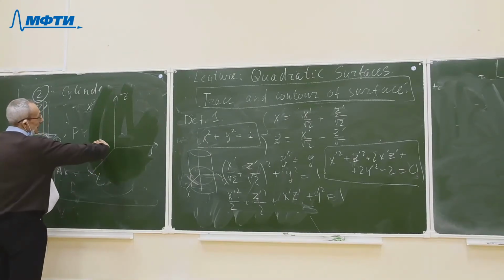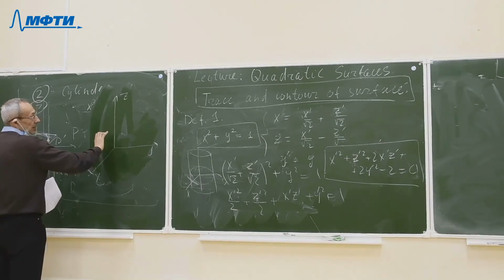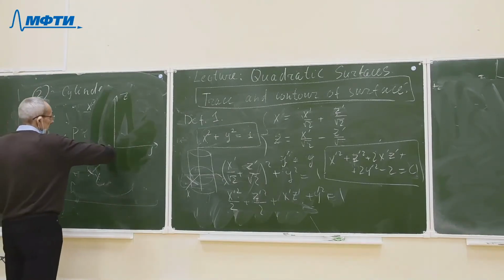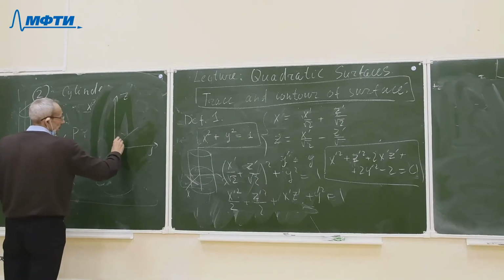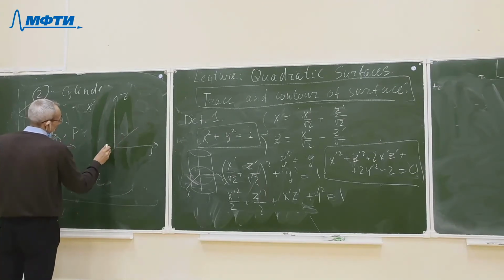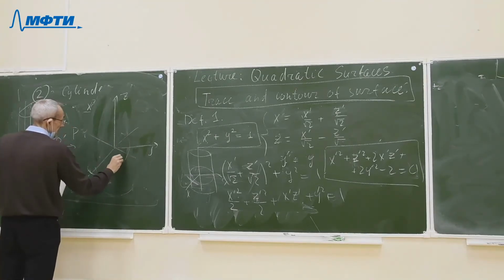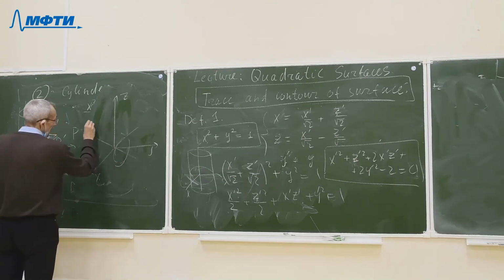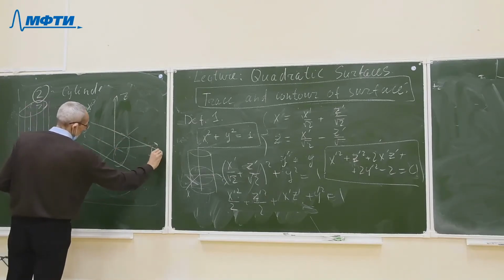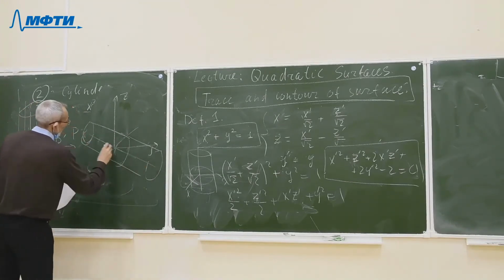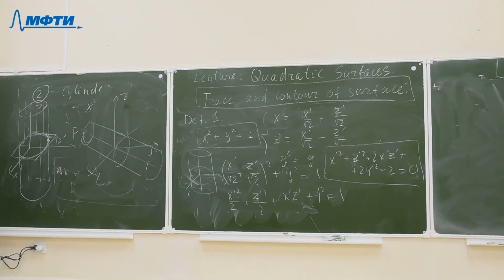Our rotation moving clockwise, and for example, we obtain the same cylinder in this direction, the same cylinder.